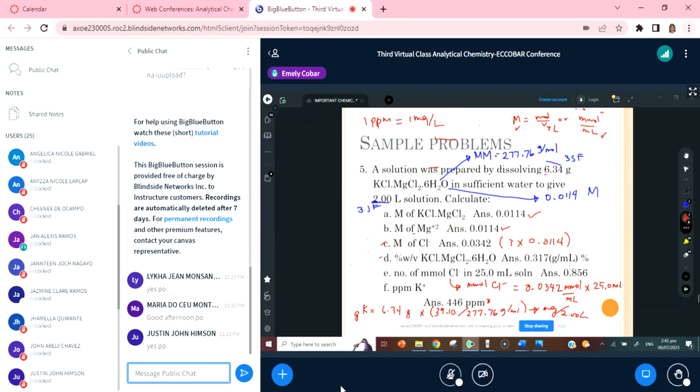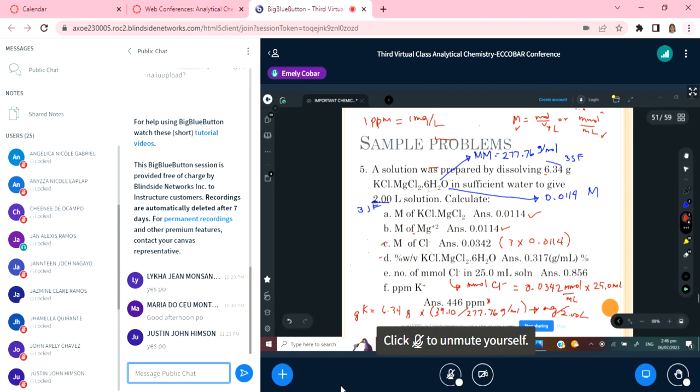Oh, this one. Okay? So, class, dito sa mga problems na to, halo-halo na lahat yung mga concentrations. Okay, it says here number 5. A solution was prepared by dissolving 6.34 grams of potassium chloride, magnesium chloride, hexahydrate.